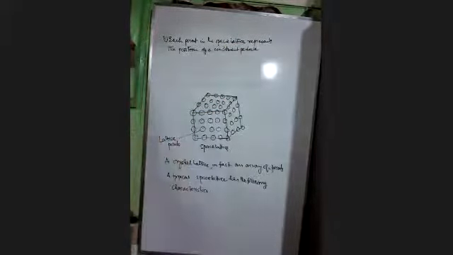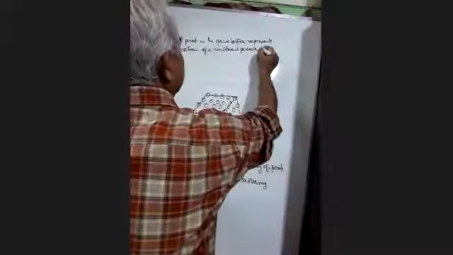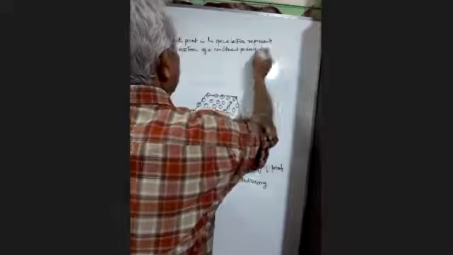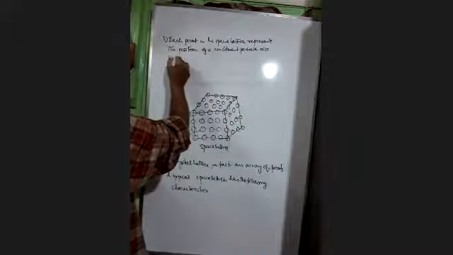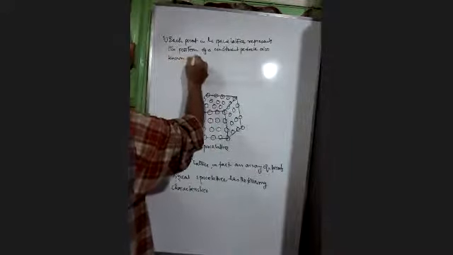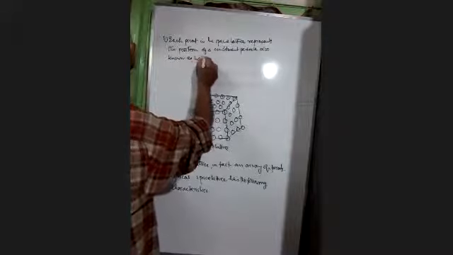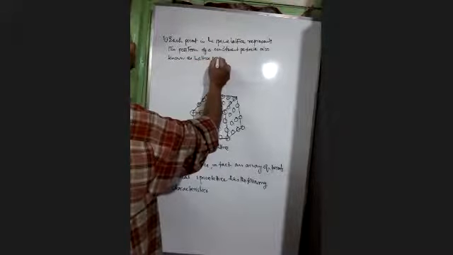Each point in the space lattice represents the position of a constituent particle, also known as lattice.